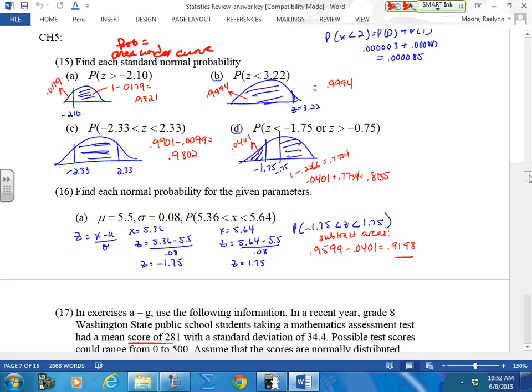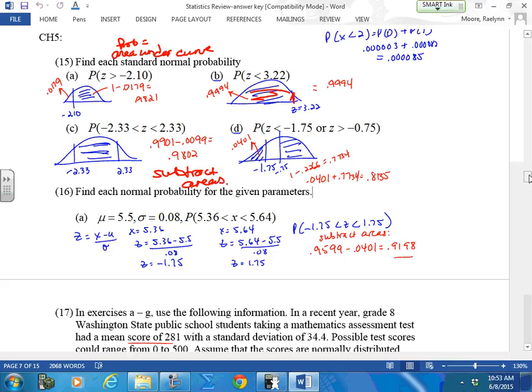When I want the probability that it's less than 3.22, I look up 3.22, and it is the area to the left. When I look up in between, subtract the areas, not the z-scores.